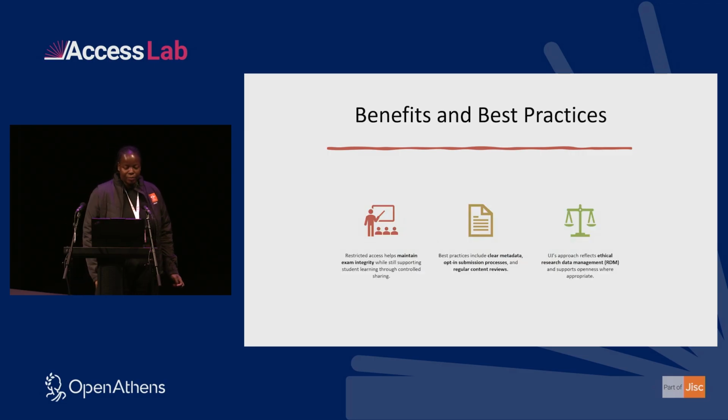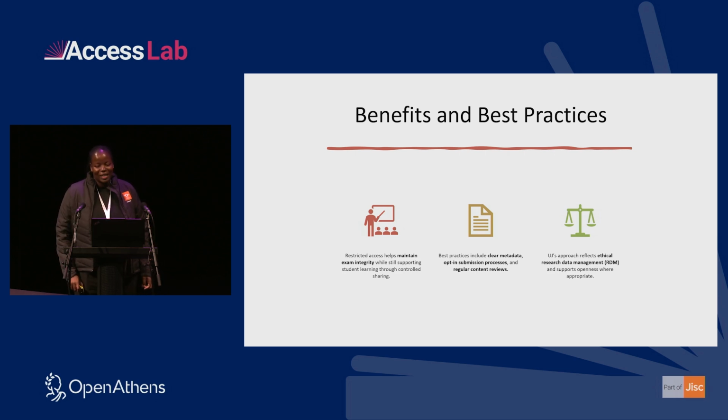The benefits and best practices are that restricted access helps maintain exam paper integrity. With our exam papers being out there, it was compromising our integrity and ethics. I'm sure some of the people in other universities, when they saw our exam papers, thought, oh, is that what UJ is setting? I think this is low standard, or maybe this is high standard. So this has helped us a lot.